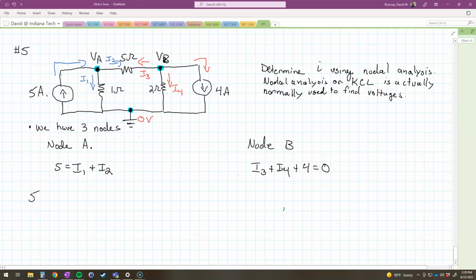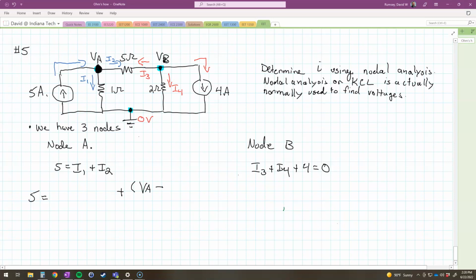So I get 5 is equal to, I'm going to leave a space for I1, I'm just going to do I2 first. So it would be plus, and then what I do here is, okay, I2 is going through this 5 ohm resistor. I'm currently in node A, so I start with this voltage here, VA.